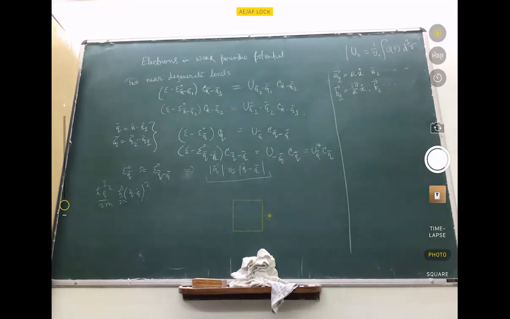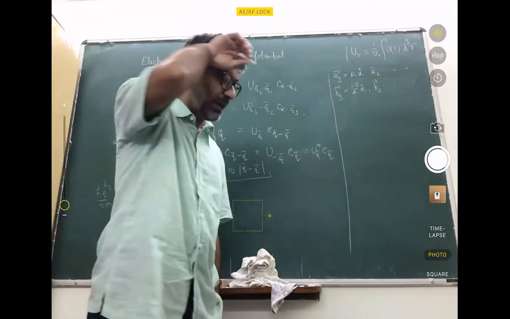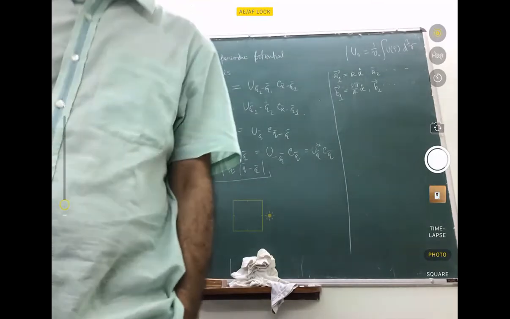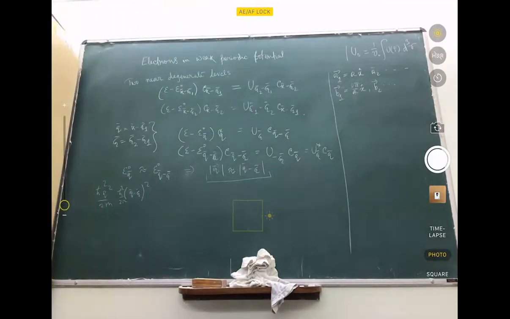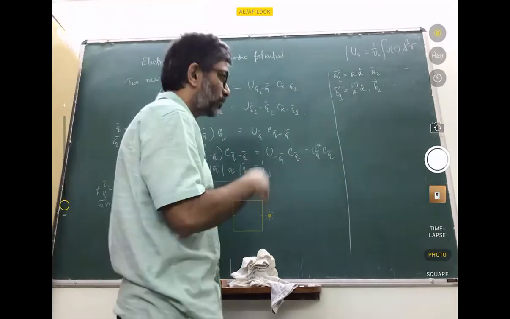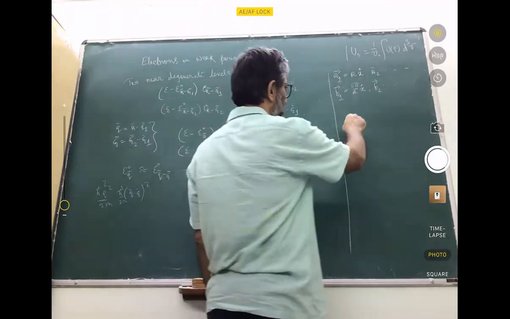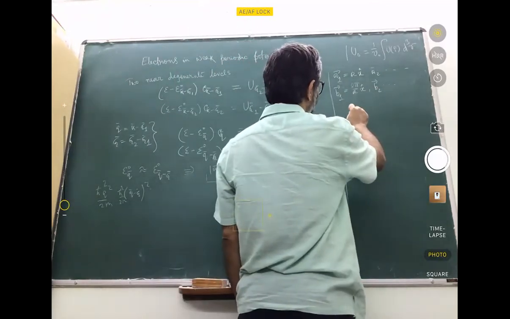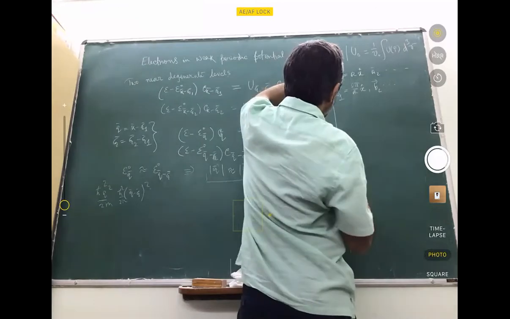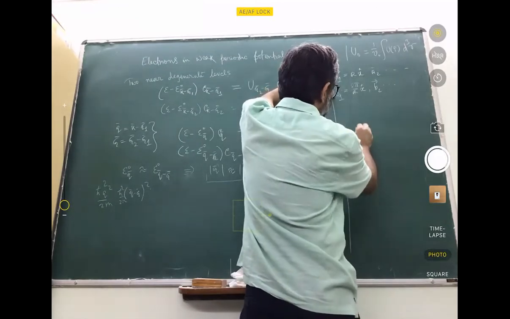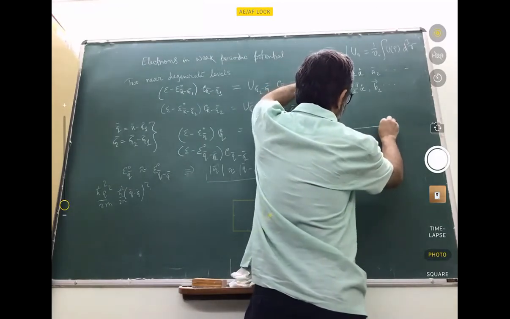So what we discussed was that the Wigner-Seitz cell in the reciprocal lattice is the first Brillouin zone. Let us consider this cubic lattice, and this vector. I'm just drawing it along the x direction. I'm not trying to draw a cube.